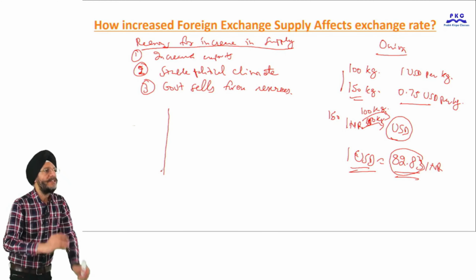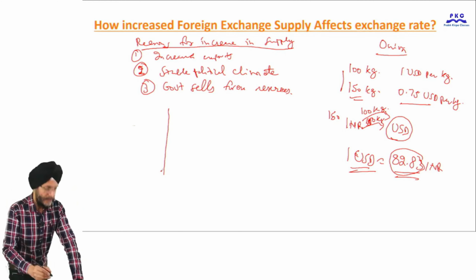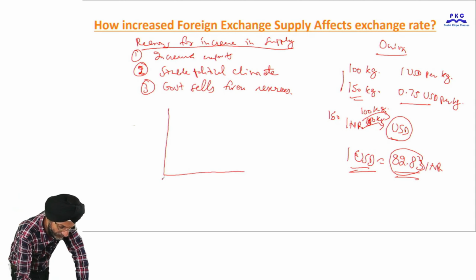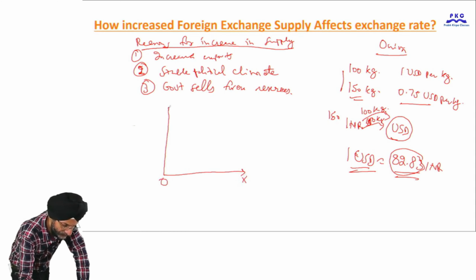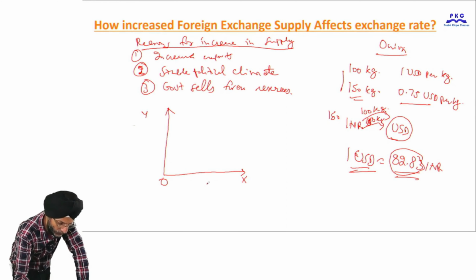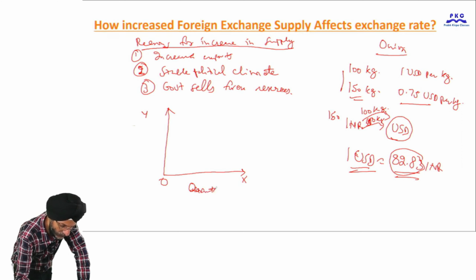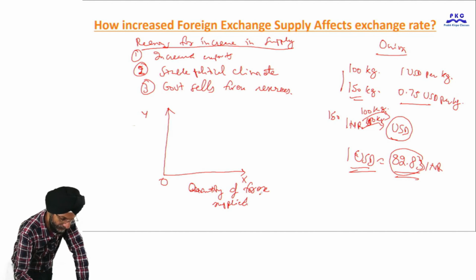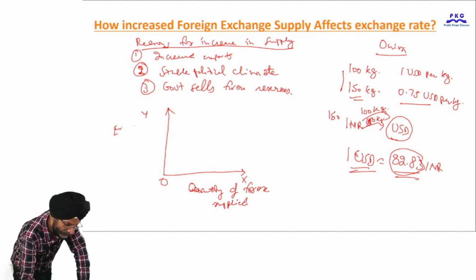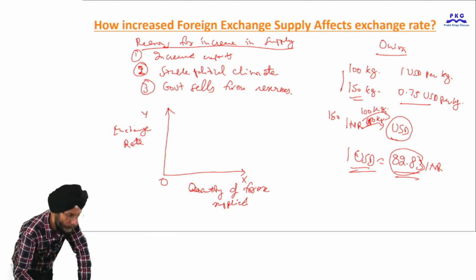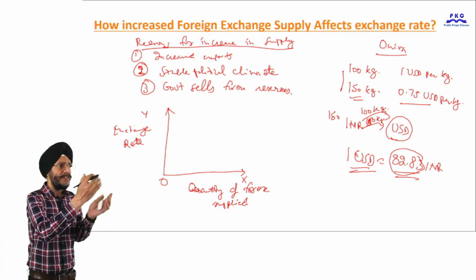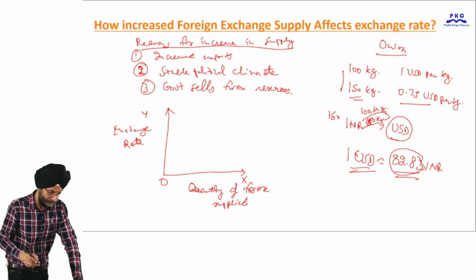So we are now understanding this concept with the help of a diagram. OX is the X axis, OY is the Y axis. On OX we will write quantity of foreign exchange supplied. On the Y axis we will write exchange rate, that is the value of foreign currency in relation to Indian currency.